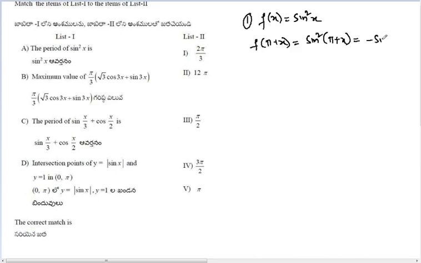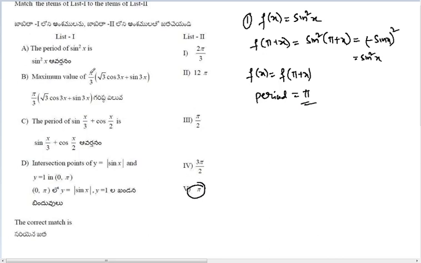In third quadrant, that is minus sin x whole square, that is equal to sin square x. So f of x is equal to f of pi plus x. So period is equal to pi. So first A option, fifth one is the correct answer.